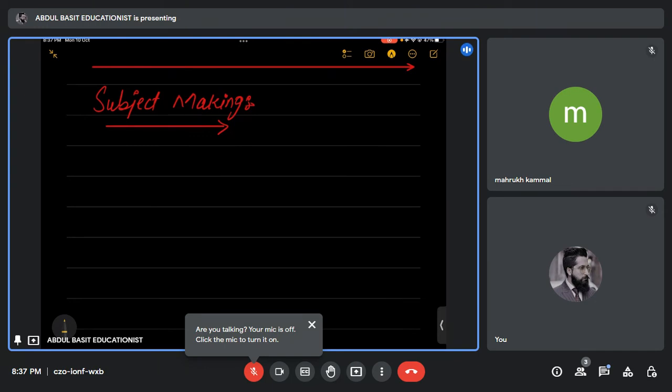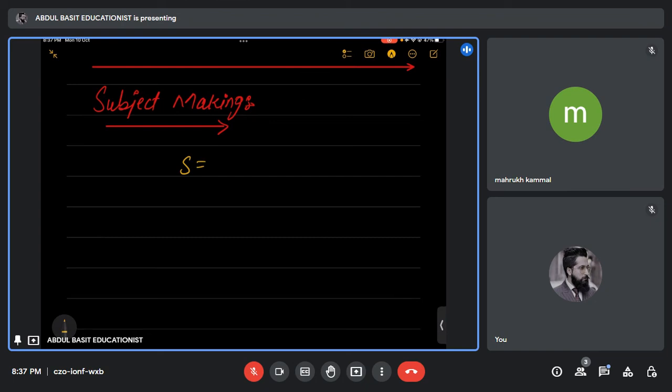Usually the variable that is written alone is known as the subject of the formula. Agree? For example, we have a few formulas in life, like s is equals to ut plus half at square. We have this equation in physics. We also have f is equals to ma in physics.